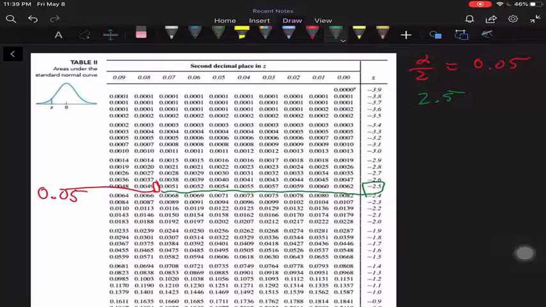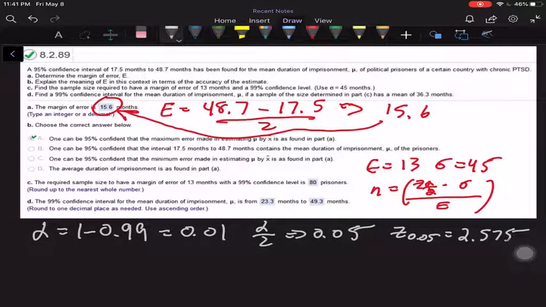And then let's go look at our last number, which is going to be up here. And because we're in the middle of 0.07 and 0.08, the value that we're going to use is 7.5. So our critical value is going to be 2.575.